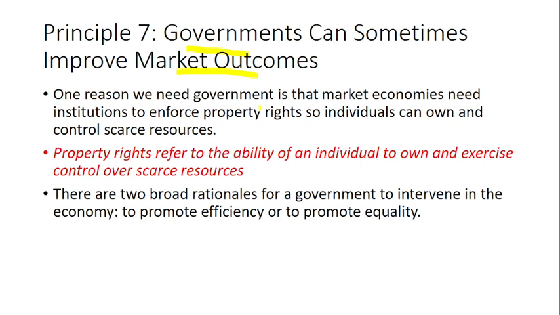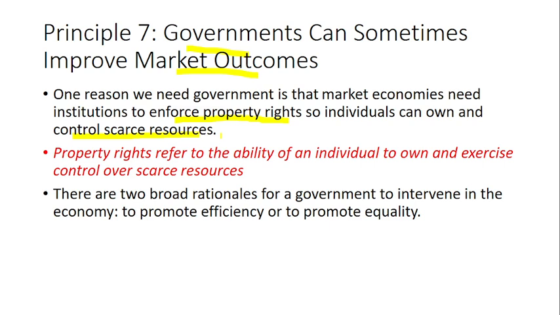So one reason we need government is that market economies need institutions to enforce property rights so individuals can own and control scarce resources. So to ensure property rights, we need the government, we need the law, we need law enforcement agencies to ensure property rights.